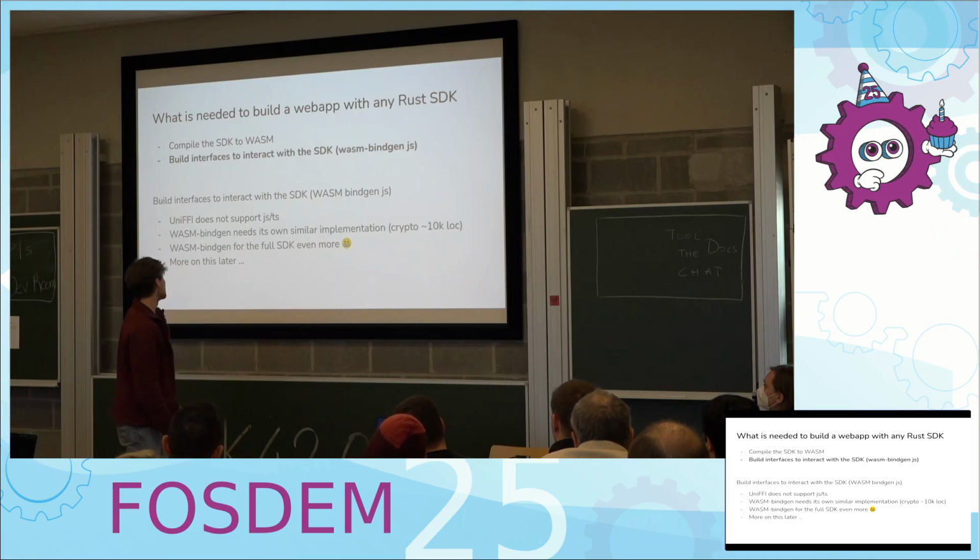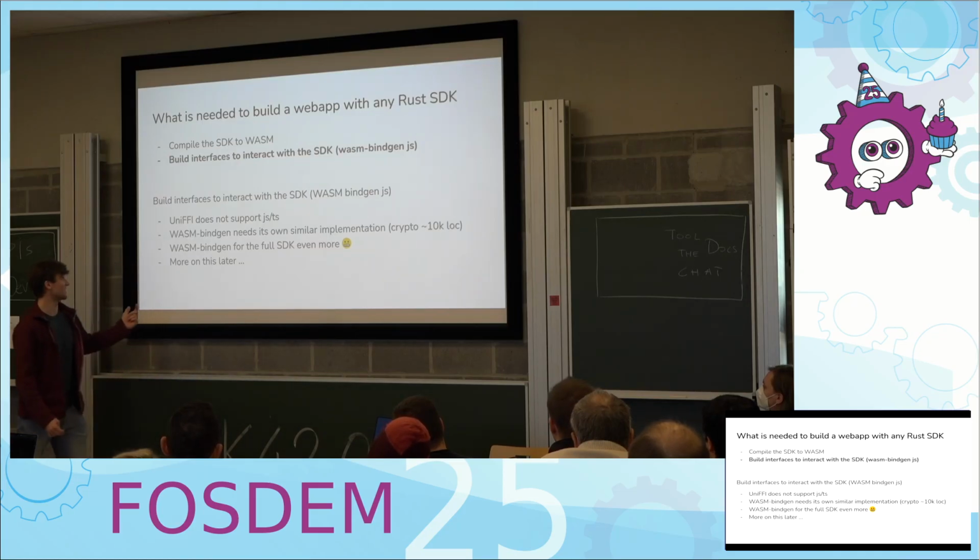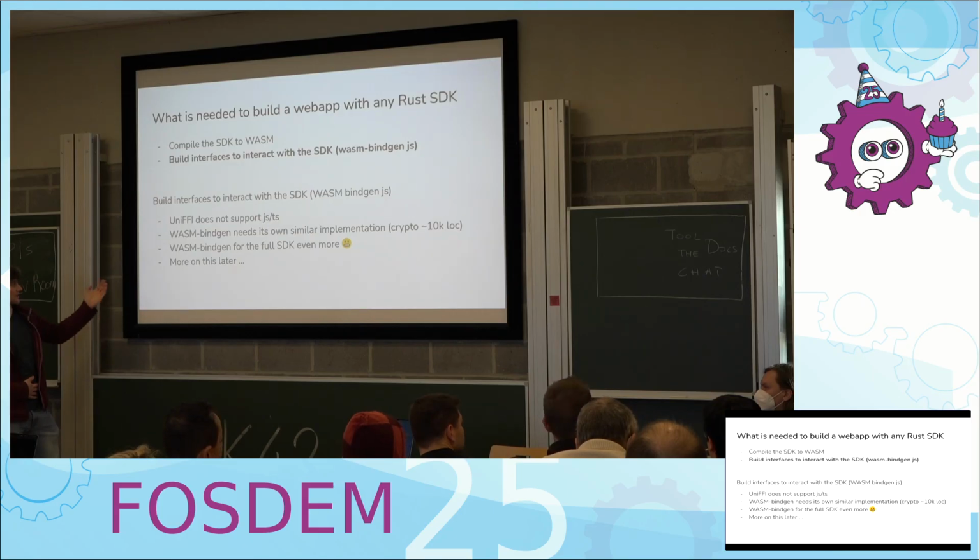And then the second challenge is the interface challenge. As I said, uni-ffi doesn't support JS and TS. There will be a note later on, so don't take this as a fact, it's just what it was a couple of weeks ago. Currently the WebAssembly bindgen needs its own implementation.